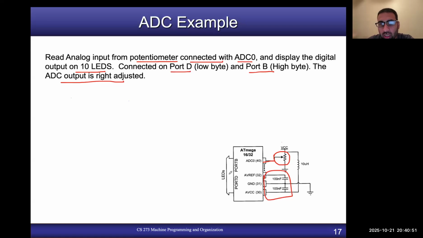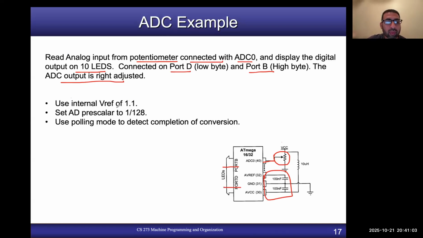The important thing is that you just need to connect 10 LEDs, 8 of them with port D and 2 with port B. Okay. In this example, not in lab, you are going to use the internal reference voltage of 1.1. You need to set the ADC prescaler to 128, and you need to use the polling mode to detect the completion of the conversion, not interrupt mode. Okay.